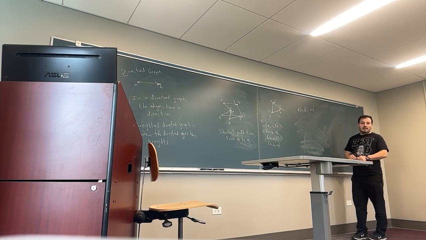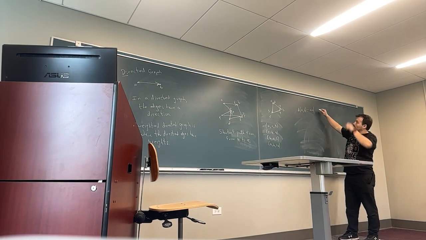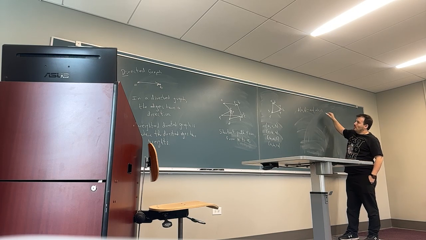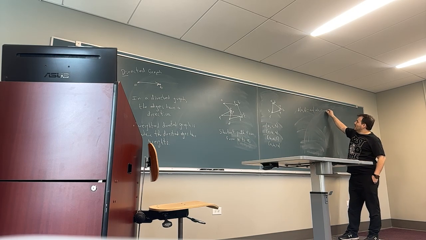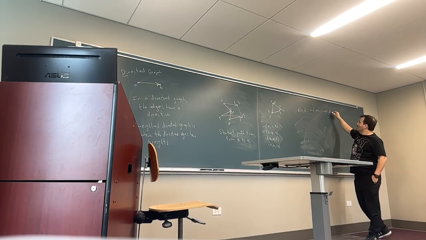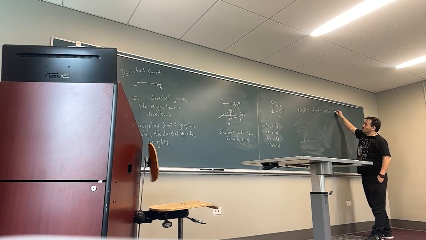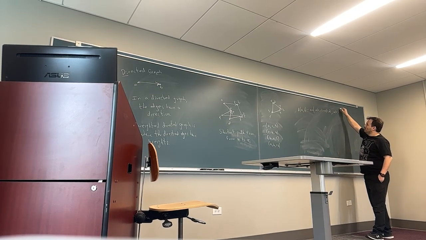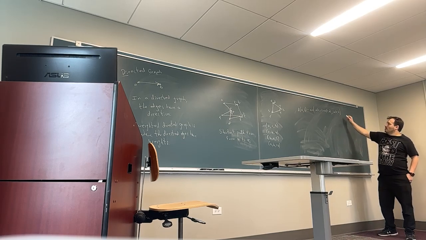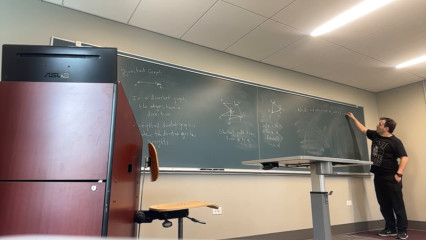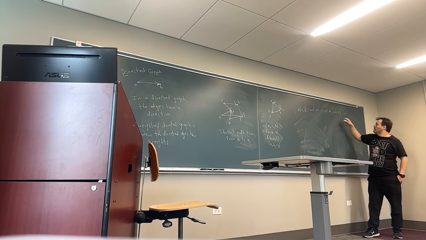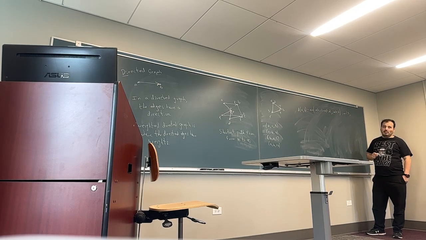To get from A to B, you could either go from A to C, and then from C to B, or you could just go straight from A to B. If you do this path, the cost is 7.